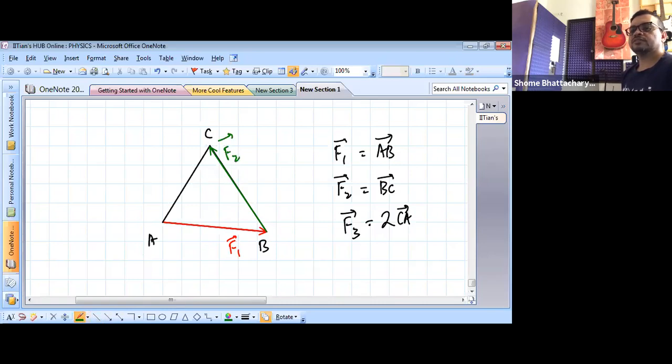But what about the force F3? The force F3 will become a little different. It will become double of this third side. It will be like this.